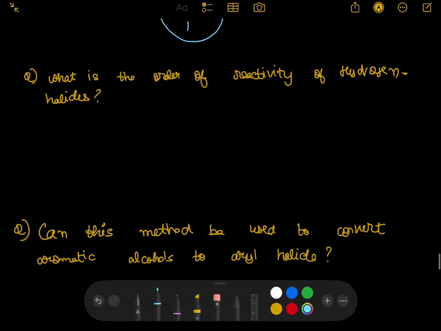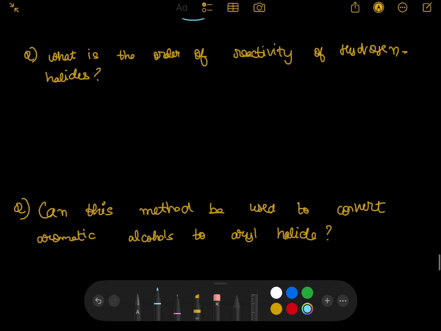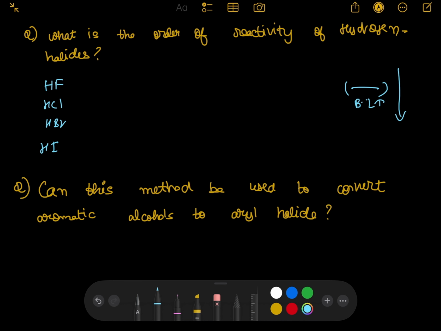Clear? What is the order of reactivity of hydrogen halides? The hydrogen halides are HF, HCl, HBr, and HI. We know that when we go down the group, the bond length increases, because of atomic radius, electron shielding effects, and nuclear charge.